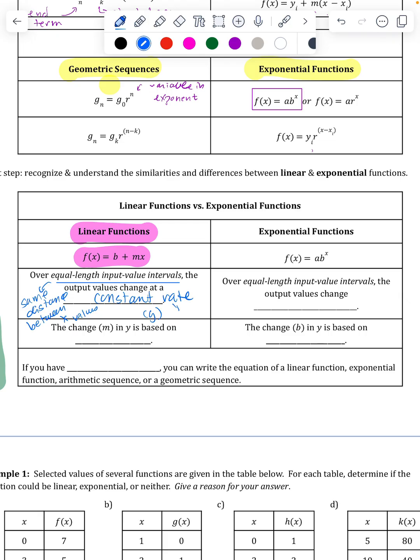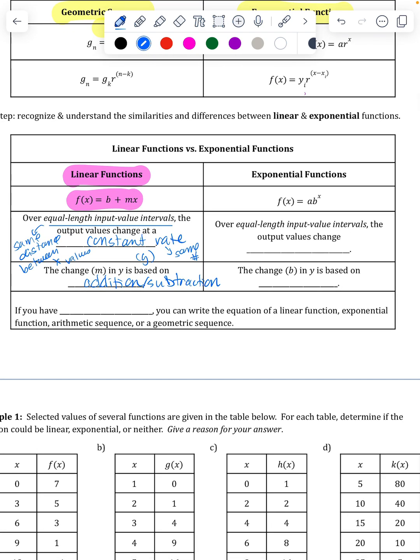So constant rate simply means the same number. And that change in y is based on addition. Sometimes subtraction, but same as adding a negative. So this is all linear, which is all arithmetic. So subtraction and addition were the ways we traveled from term to term.